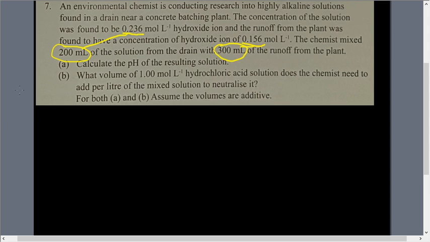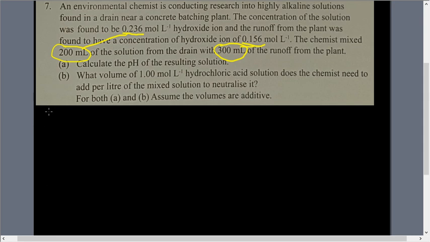You were asked to calculate the pH of the resulting solution. So we're dealing with hydroxide here, and we're going to have to take a strategy. We have to find the concentration of the hydroxide in this mixed solution, and then figure out its pH from that.